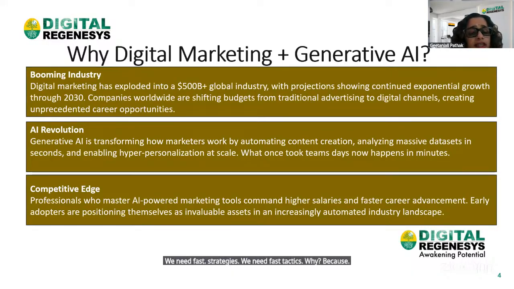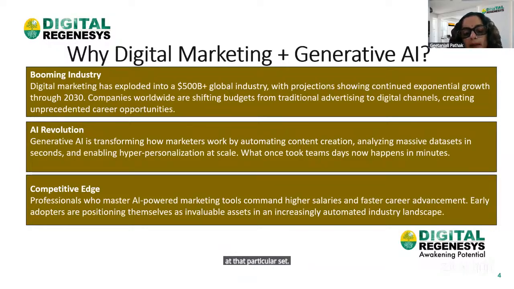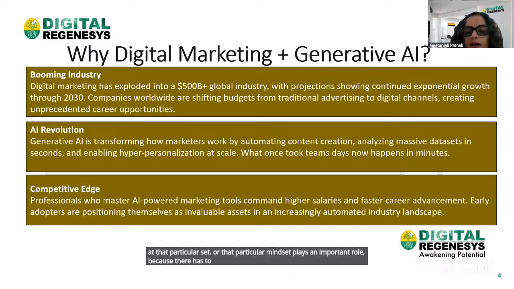Because it's not just one product or service we are catering to. It's a huge set of companies and industries that are coming together with their own strategy to reach out to a target audience. And as a digital marketer, what you do at that particular set or mindset plays an important role, because there has to be a faster approach.